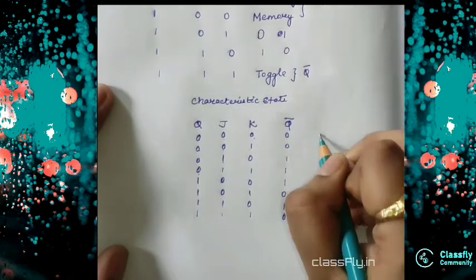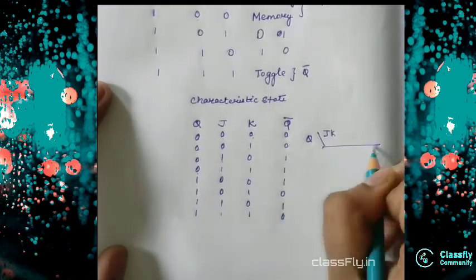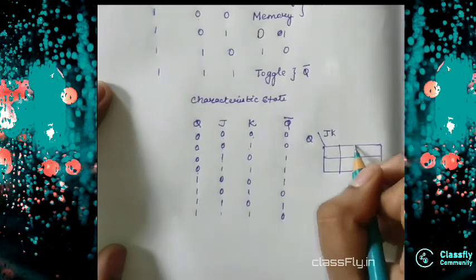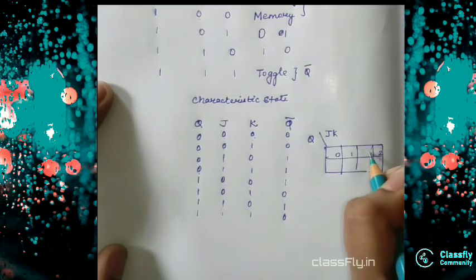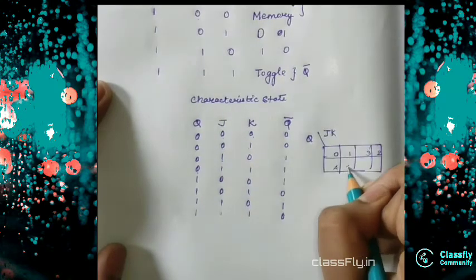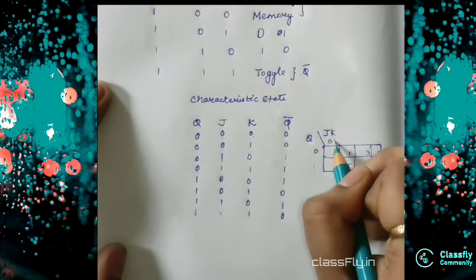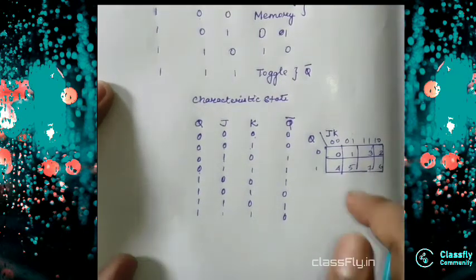If I want to make its K map, it will be QJK, that is the 3 variable K map, right? It will start from 0, 1, then it will jump to 2, then it will come back to 3, then 4, 5, jump 6, back 7. 0 1, this is 0 0, 0 1, 1 1, 1 0, right?